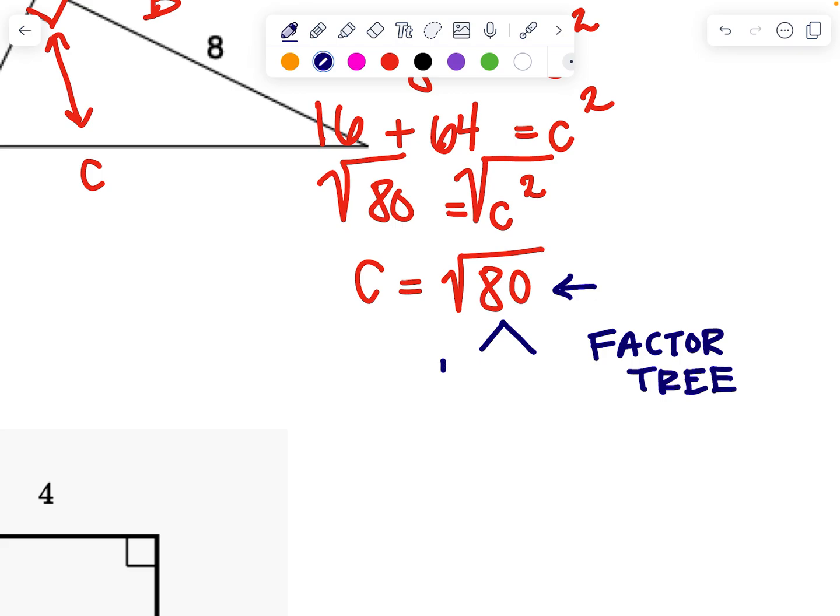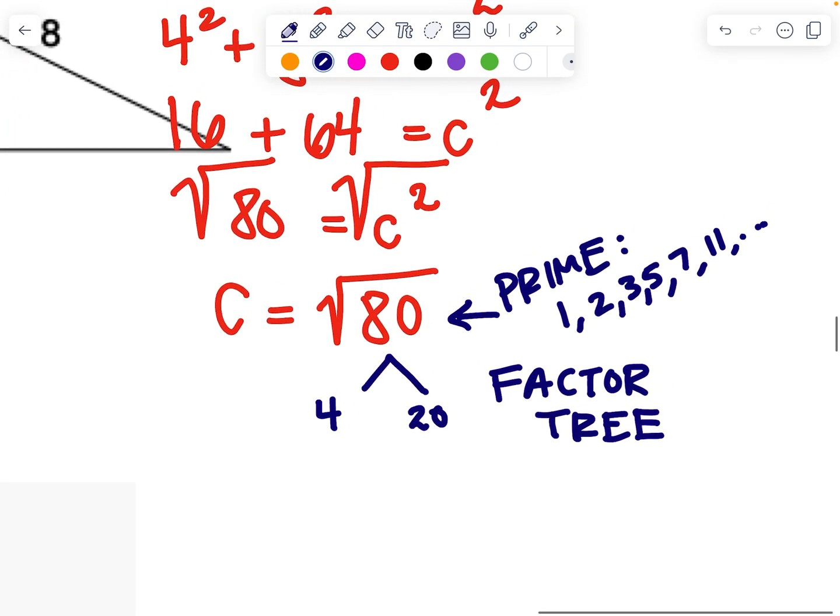So let's start with 4 and 20. 4 times 20 makes 80. Well, remember, prime factors are like 1, 2, 3, 5, 7, 11.